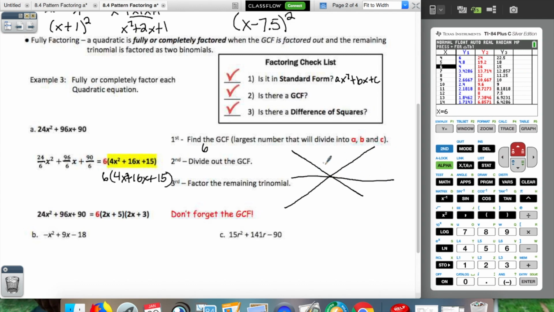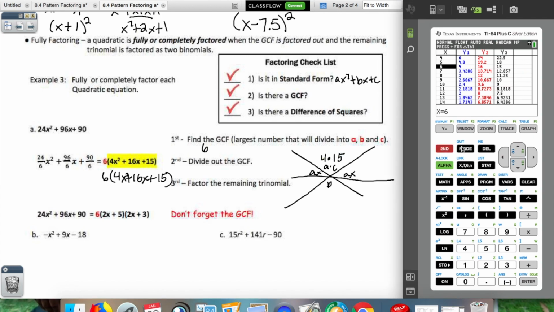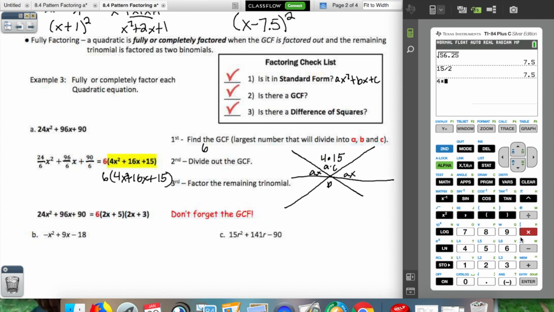So if you remember, A times C is on top, and B is on the bottom, and we have Ax and Ax. So what's my A of my new trinomial? Well, that's 4, so we have 4 times, what's C? That's 15. And then let's figure out what's 4 times 15. 4 times 15 gives me 60.